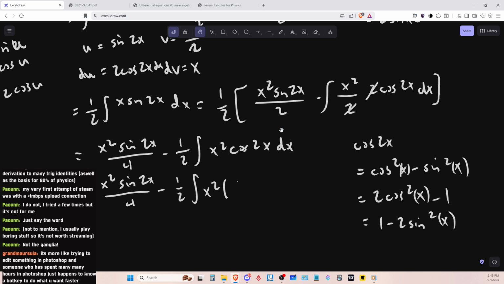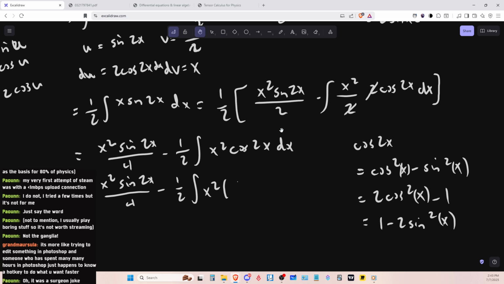It's more like trying to edit something in Photoshop, and someone who spends many hours. Oh, okay. It's going back to what I was saying in that scenario.